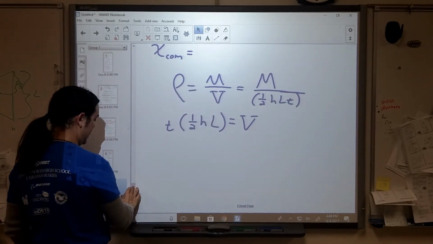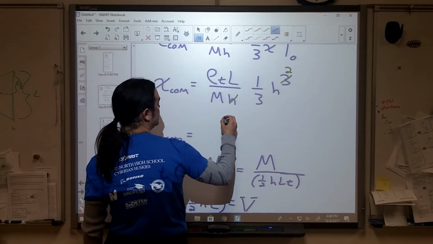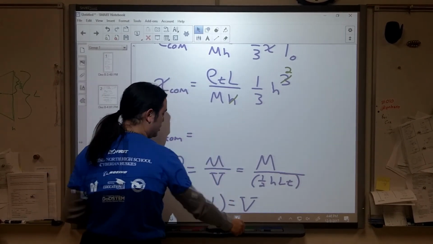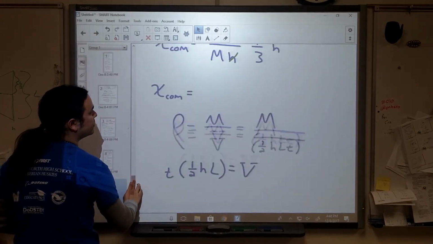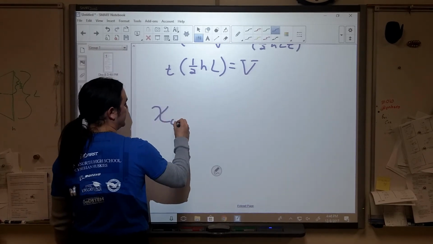I can now plug that back in up here. Hopefully my camera's still going or else this is going to be a little weird. So now that I've got that, we've got rho TL, so I'm going to do x center of mass.